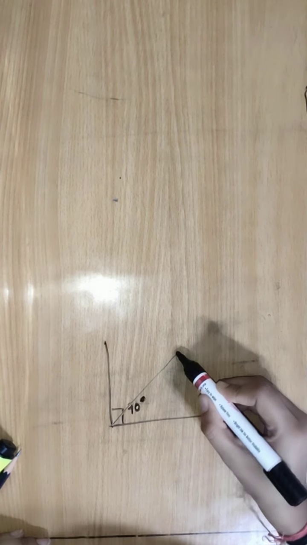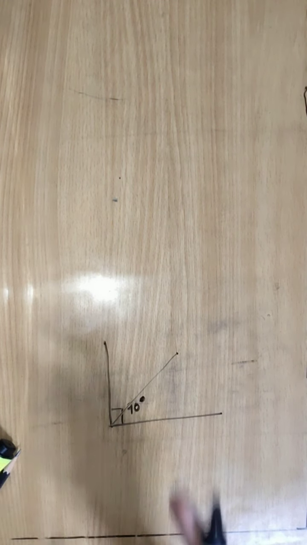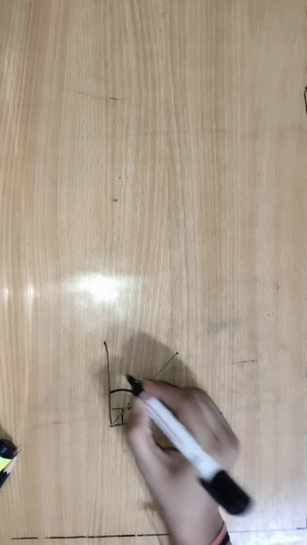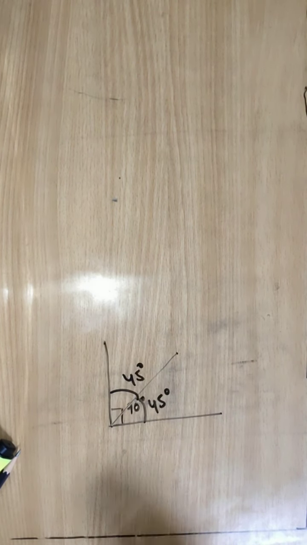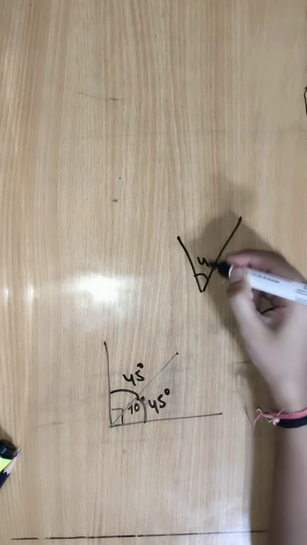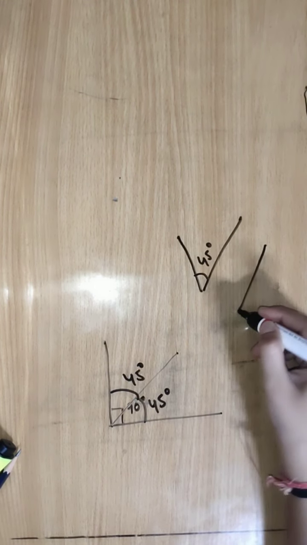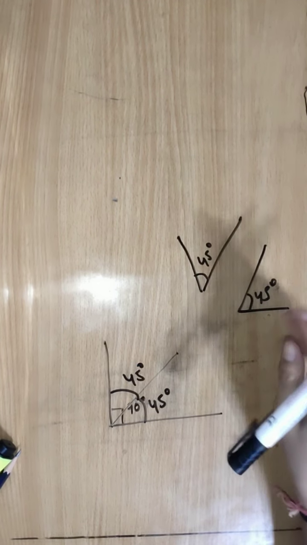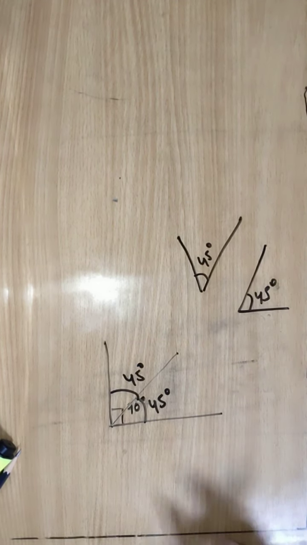When we take the bisector of this angle, meaning half of this angle, that is 45 degrees and 45 degrees. If we draw these angles differently or together, however, they are complementary angles of each other.